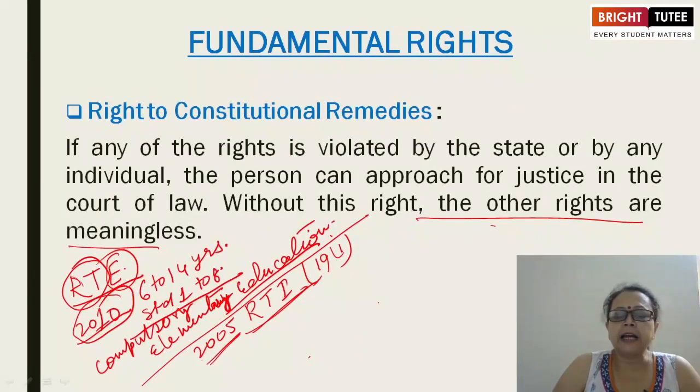With this RTI, every citizen has the right to get information about the working of the government. So these are the two things included in the fundamental rights in recent years. RTI is in 2005, RTE is in 2010.